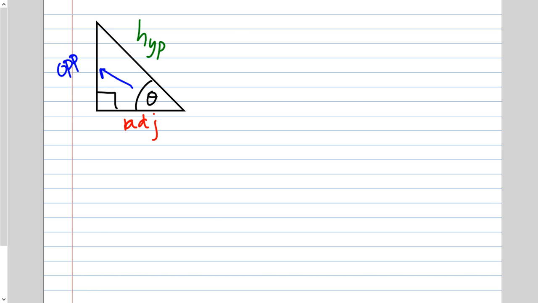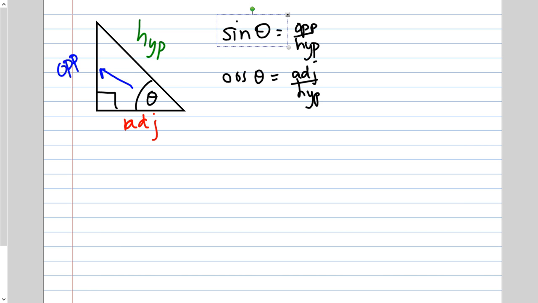Let's see, other things to review. Sine of the angle is the opposite over the hypotenuse. Cosine of the angle is the adjacent over the hypotenuse. And tangent is a combination of both.